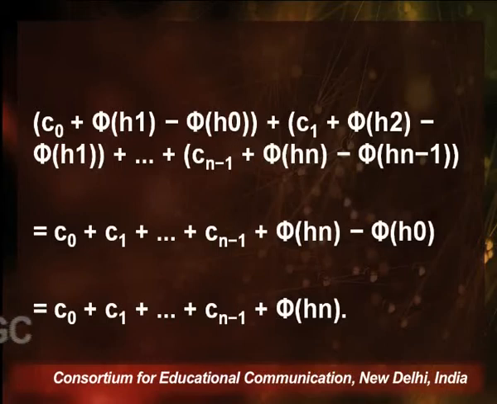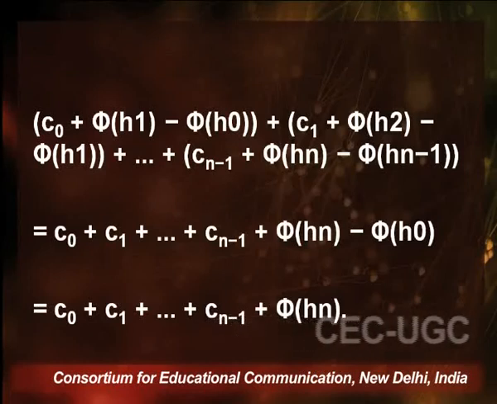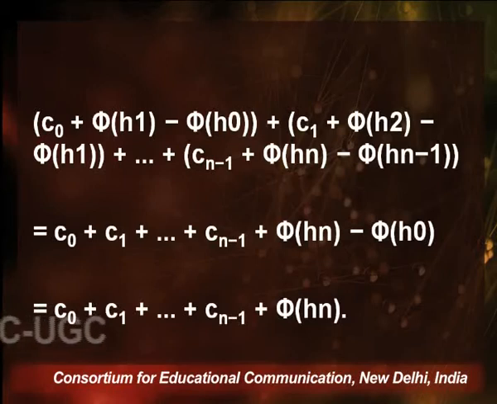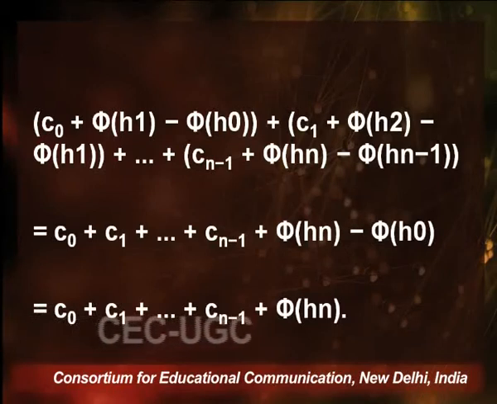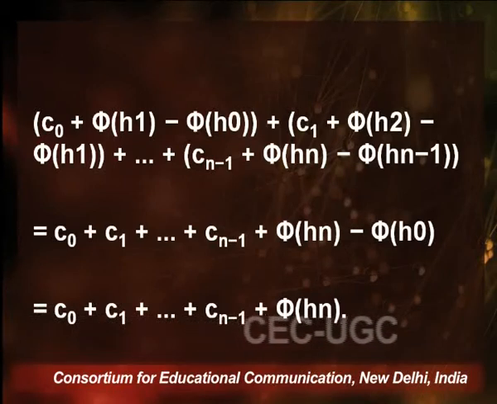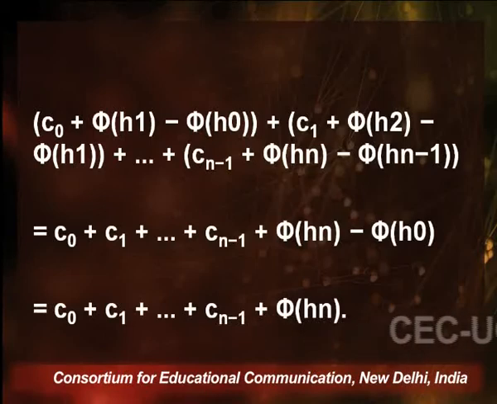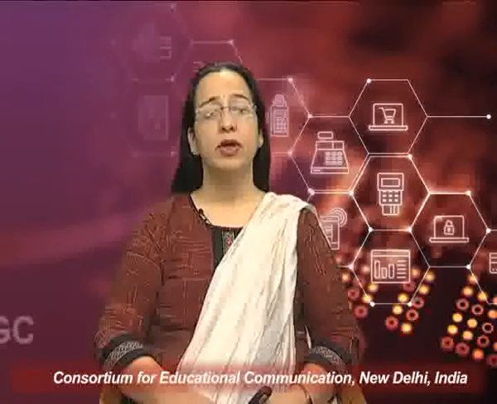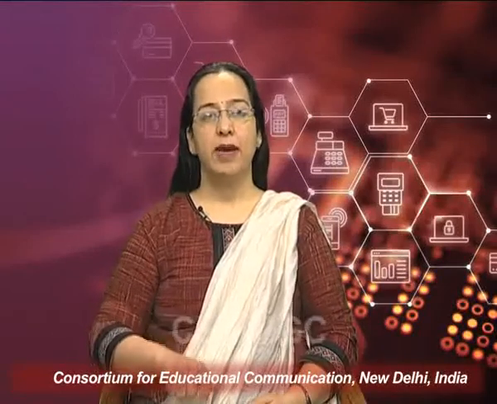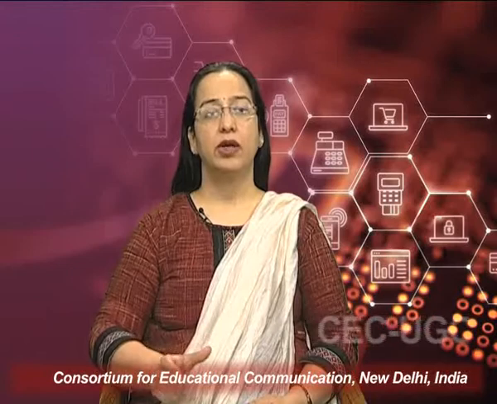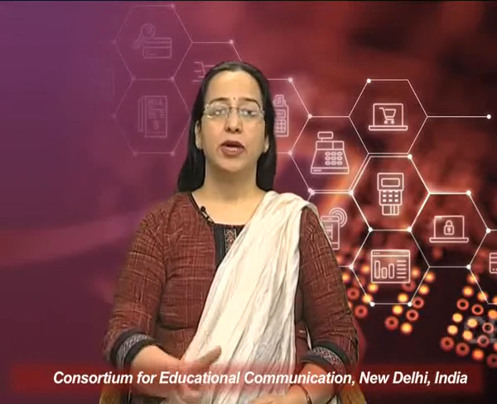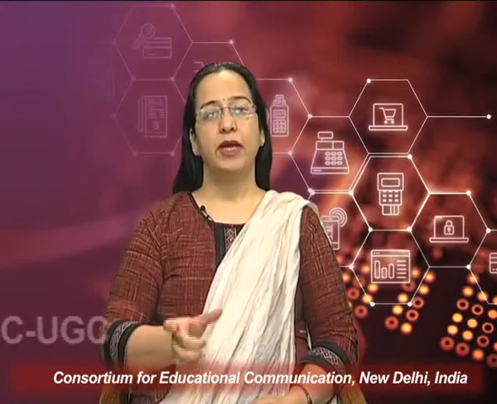So this is going to be C0, which is the actual cost for, let us consider, state 0. Here the earlier state was 0 and the new state will be 1. So the change in potential will be represented as phi of H1 minus phi of H0, that is the new potential minus the old potential, plus C0, which is the actual cost, and that gives me the amortized time for stage 0.